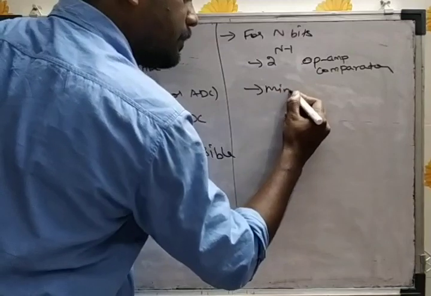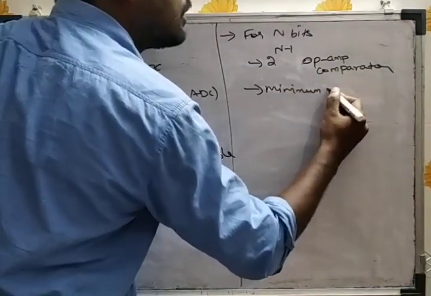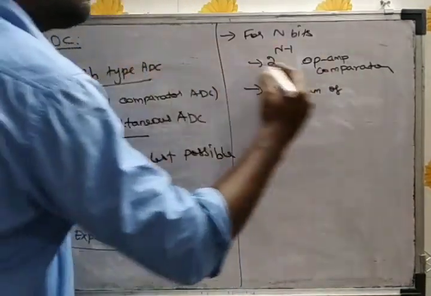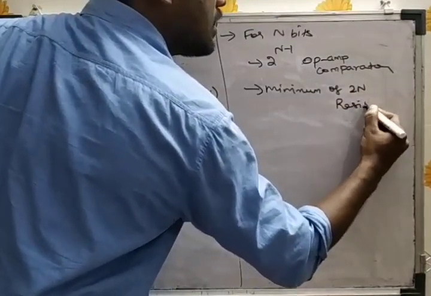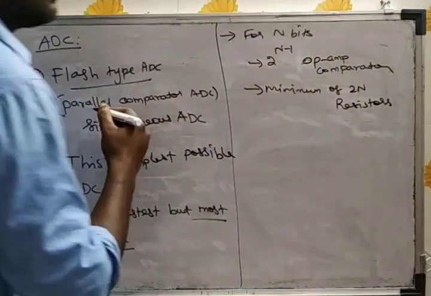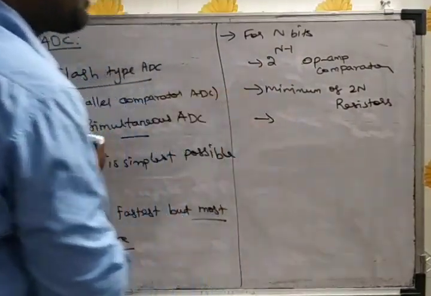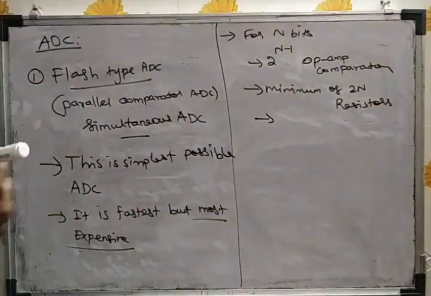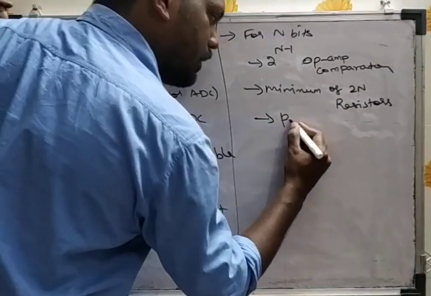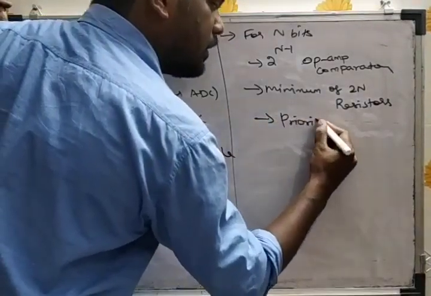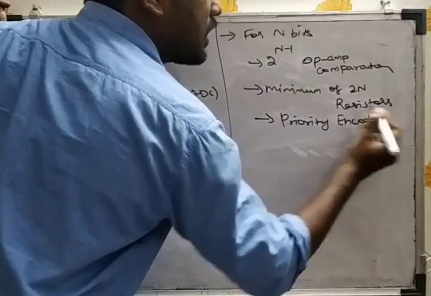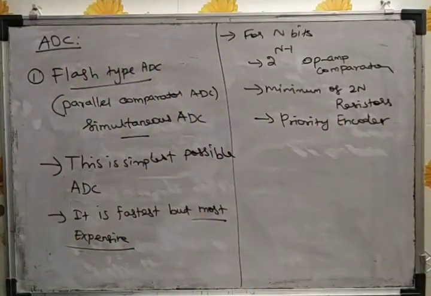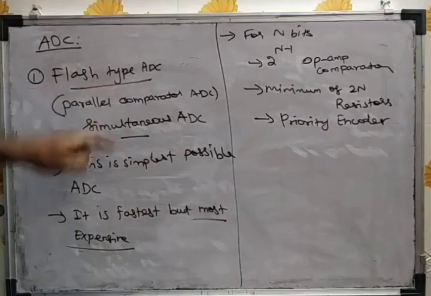Minimum of 2n resistors, and we are using a priority encoder circuit, which makes flash type ADC a complicated one.